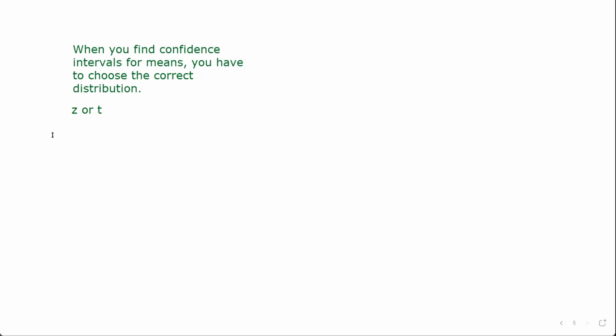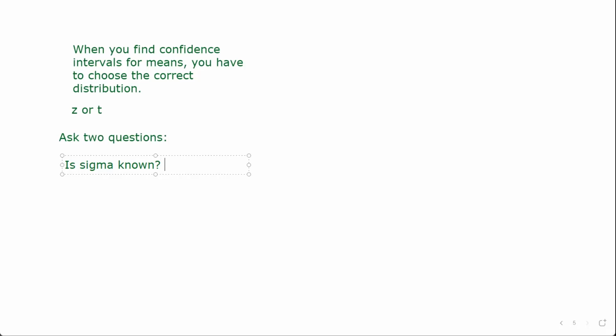So basically, you're going to ask yourself 2 questions. And this is on the slide. If I have time to find the slide, I'll go over it. But there's a flow chart in 7.2. You ask, is sigma known?